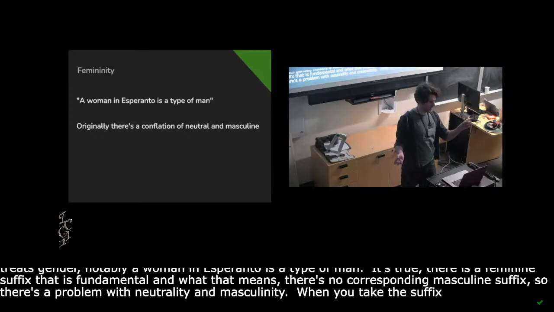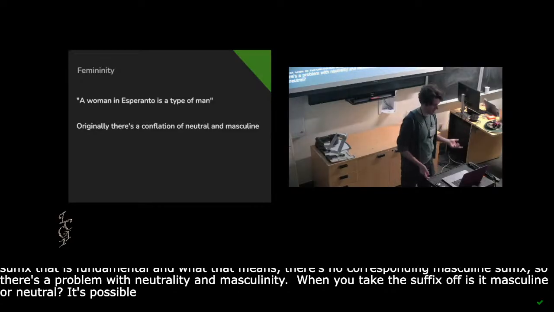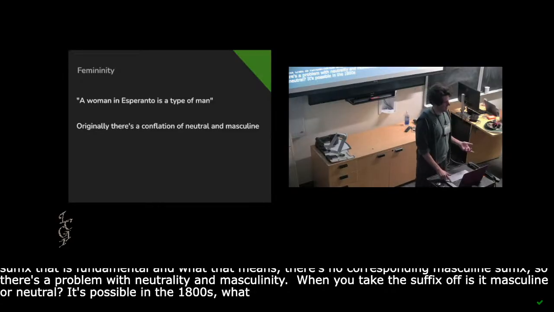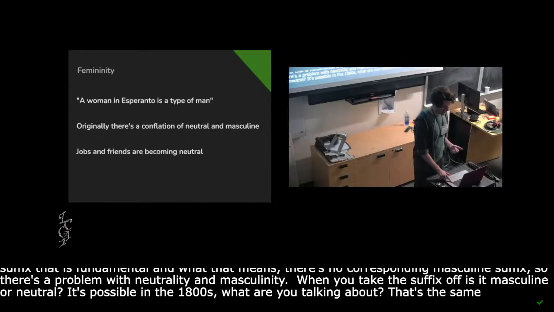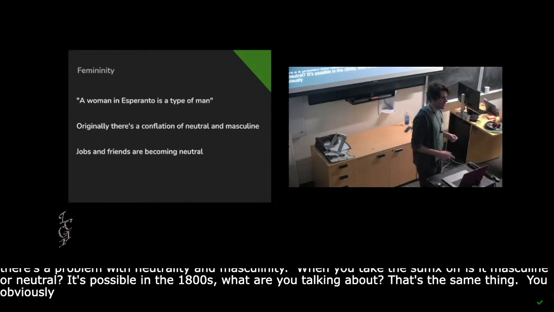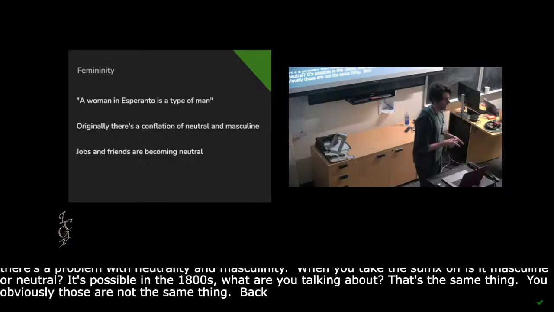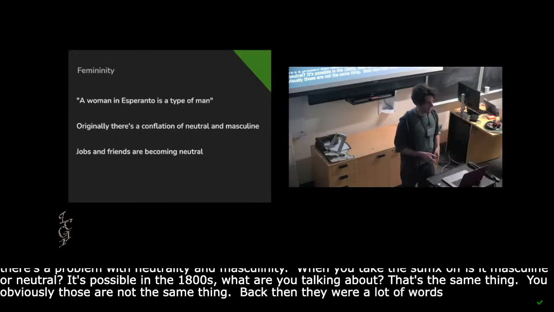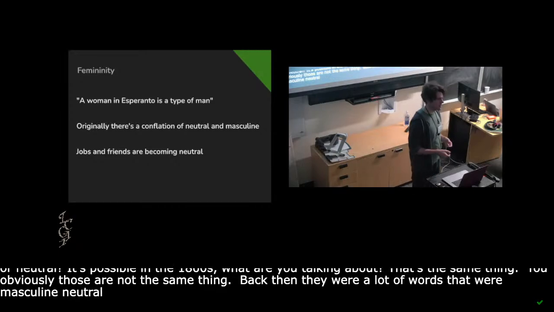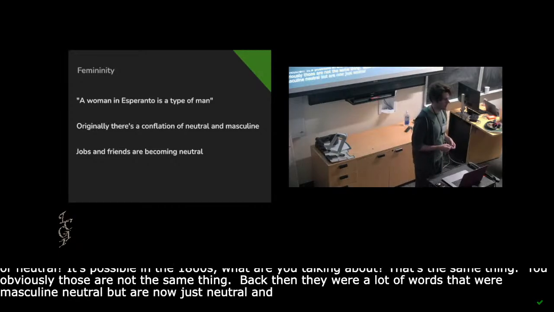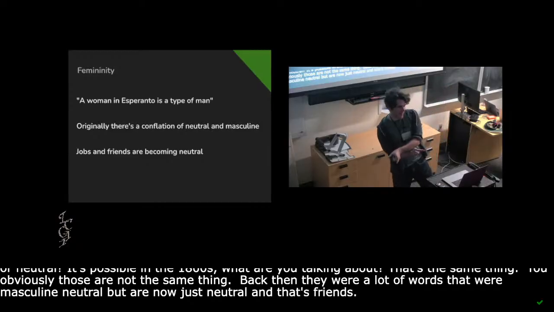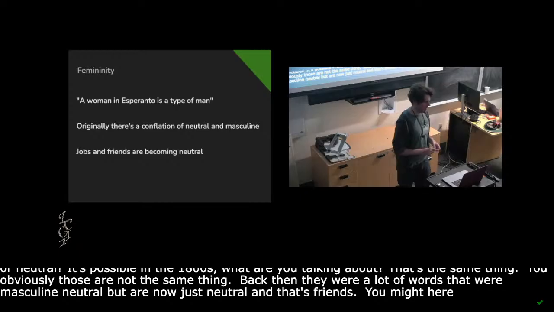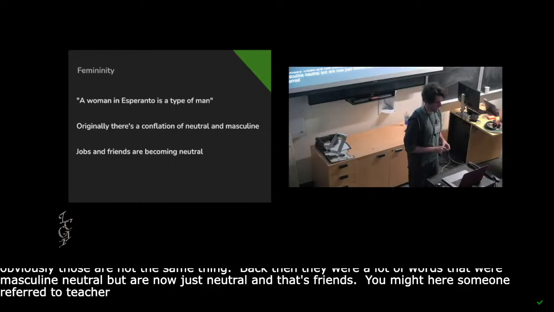Neutral. And it's possible that in the 1800s, people would say, what are you talking about? That's the same thing. But obviously now, those are not the same thing. Back then, there were a lot of words that were inherently masculine-neutral that now are just neutral, like jobs and friends. So you might hear someone refer to a teacher girl, or teacher woman, with the feminine suffix, but that's becoming a lot less common.